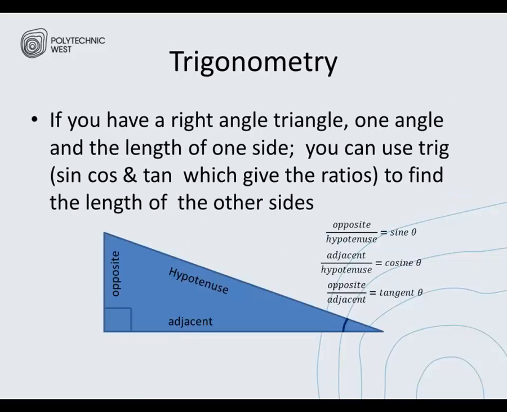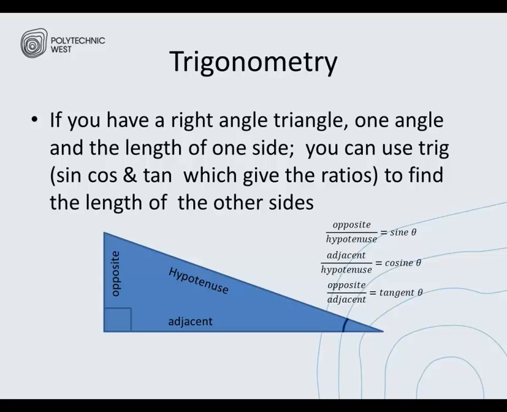Right, quick reprise of what trigonometry did for you. If you have a right angled triangle, one angle and the length of one of the sides, you can use trigonometry, which is the sine, cosine and tan functions, to give you the ratios of the other sides.